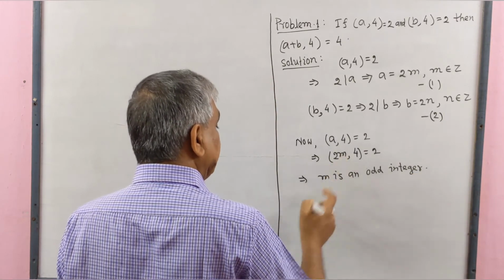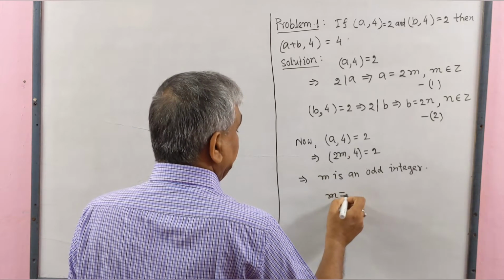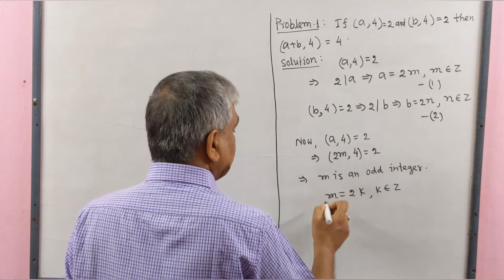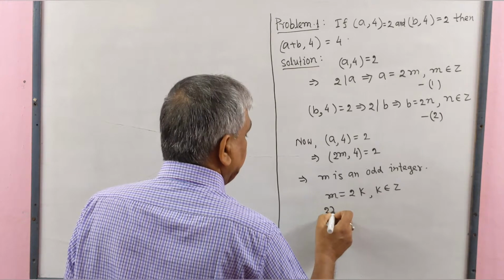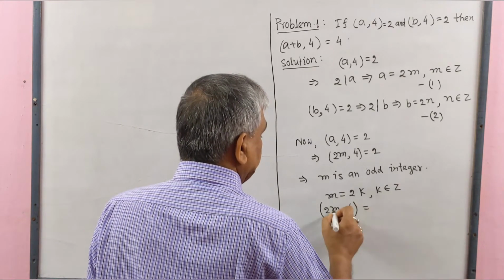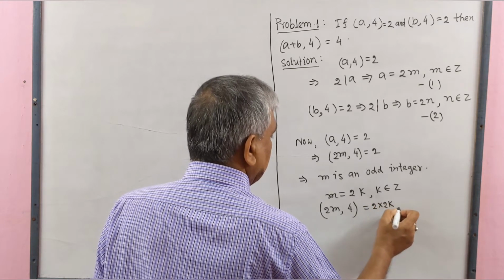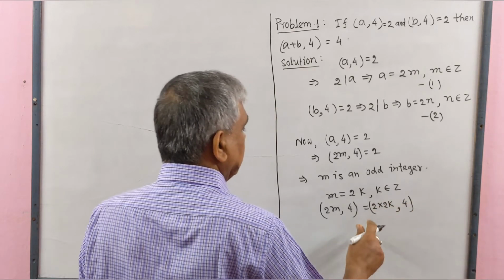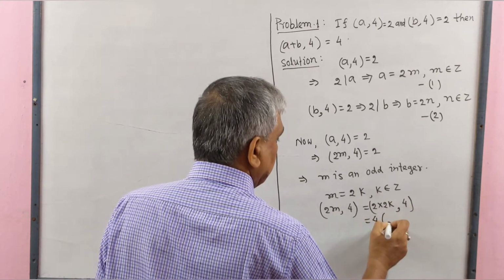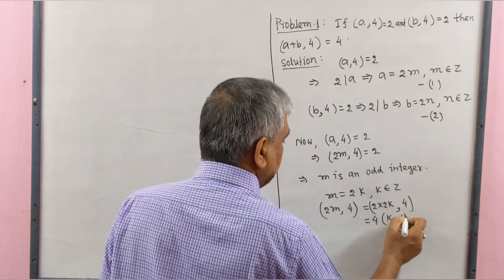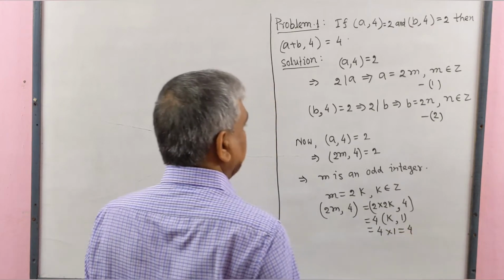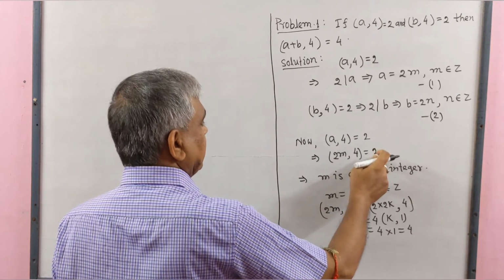If we take m is an even integer, then m equal to 2k, k belongs to Z, and in this case GCD of 2m and 4 will be equal to, in place of 2m we write 2k and 4, GCD of 2 multiplied by 2k and 4 equal to, we may take 4 outside and GCD of k and 1 is 1, and this equal to 4, which contradicts with this concept.